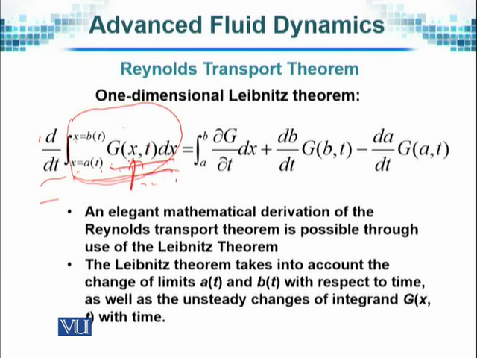How the calculation is made very simple is that, in the first case, we differentiate g with respect to t only, and then integrate it with respect to x between the limits a to b, and note that now they have just been represented as a and b, and we have not shown them to be dependent on time.